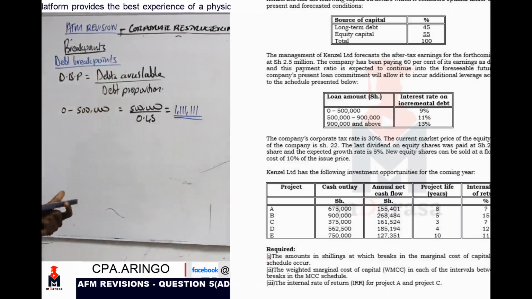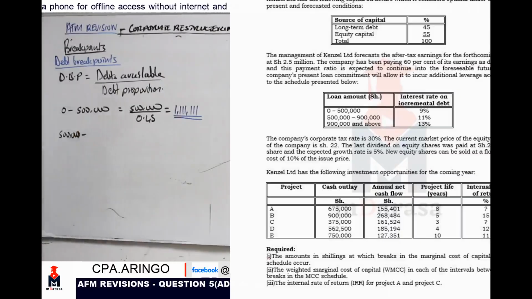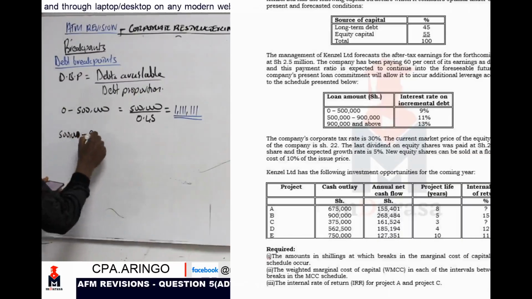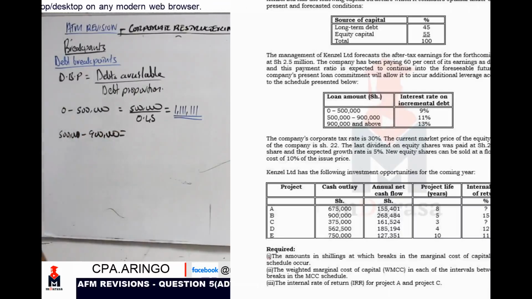If we proceed to the next range here, now between 500,001 to, I'm given there a value of 900,000. So what will I be having?